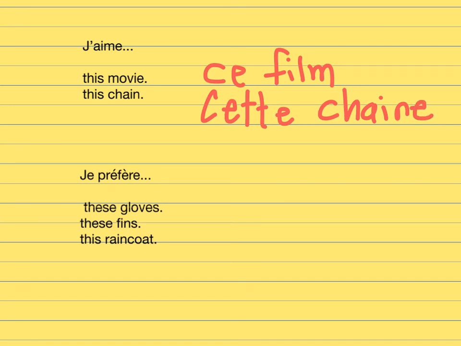Okay, now let's look at some more. There are some plurals down here, okay? Je préfère. What do I prefer? I prefer these gloves. And as we saw earlier, les gants, okay, are masculine, and we're using plural because you need two gloves unless you're Michael Jackson. So, je préfère ces gants.